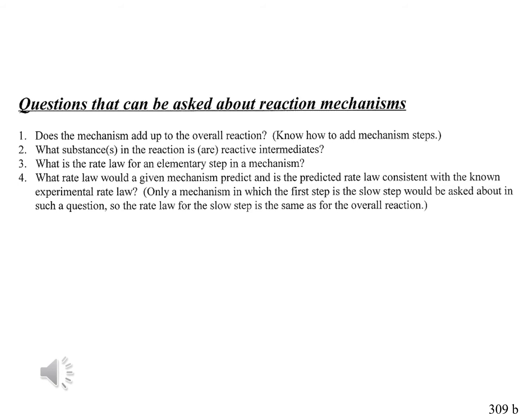I want you to be able to write the rate law for each elementary step. And I want you to use the basic principle of reaction mechanisms: if I give you a mechanism and tell you which step is slow, especially if the first step is slow, I want you to tell me whether the mechanism is consistent with the rate law that you find in the lab.